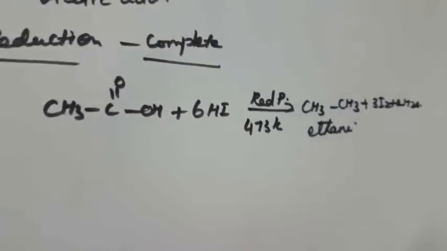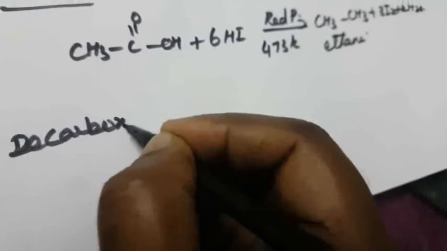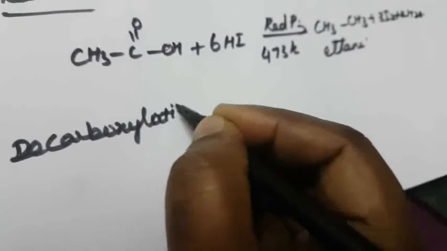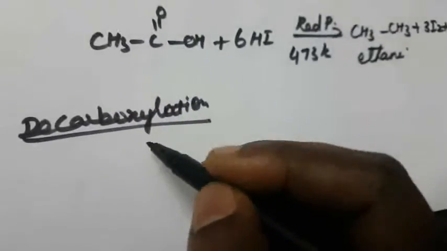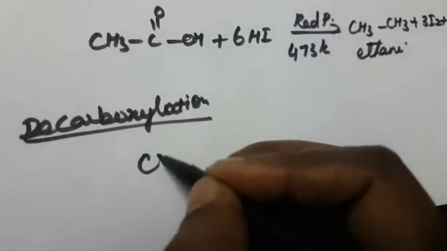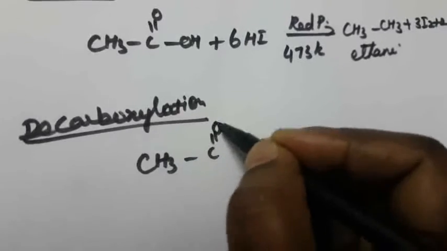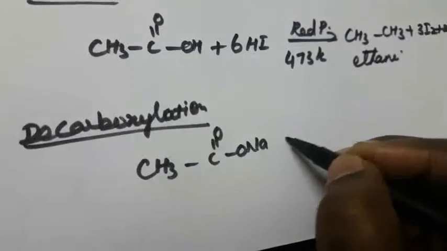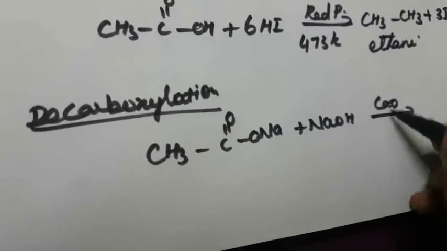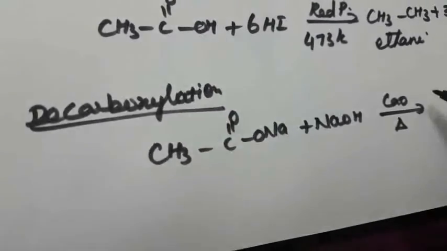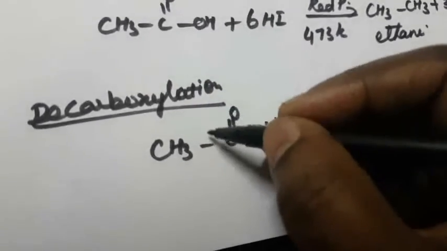Okay, so next one is decarboxylation, that is removal of carbon dioxide. What is decarboxylation? So that is sodium acetate, CH3, C double bond O, ONa, heated with alkali, soda lime with calcium oxide, to form methane.